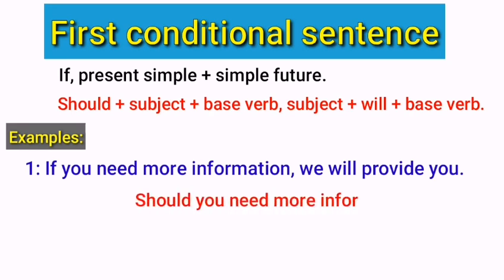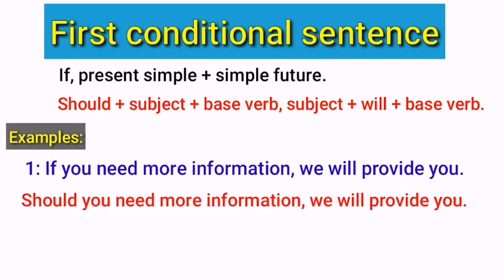Should you need more information, we will provide you. Observe this one, we have removed the word if, replaced it with the word should, and then followed the same structure. So, this is the inversion form of first conditional sentence.